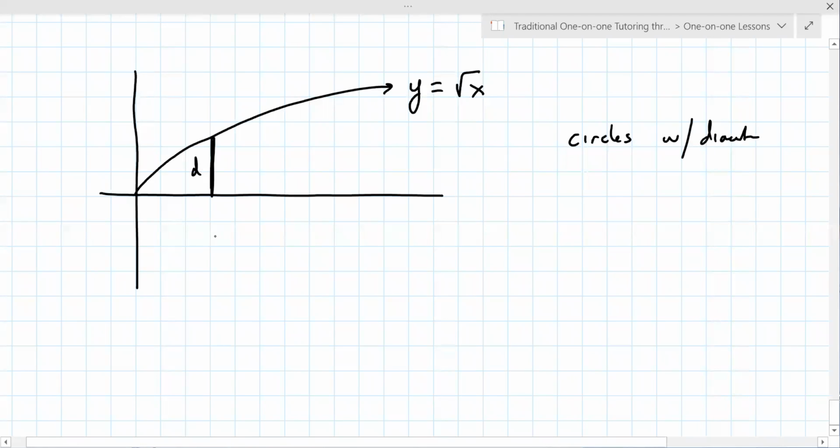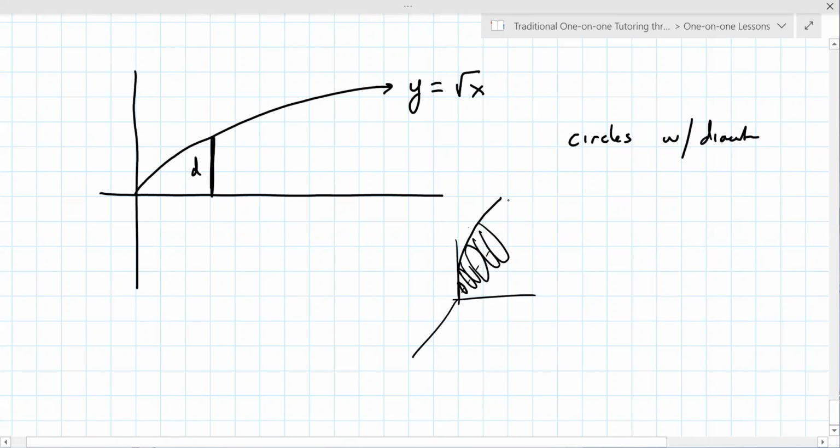If you could imagine, let me see if I can draw this here. I know visually this makes sense, but it's like there are these circles, smaller, then getting a little bigger, and this is following the square root of x.